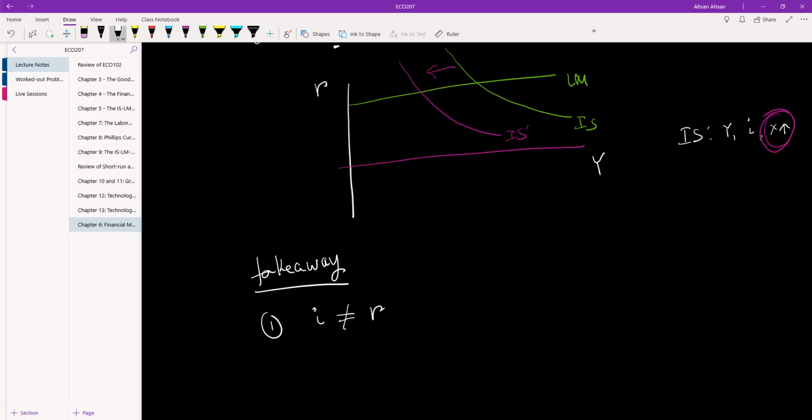We had not talked about inflation until chapter 8, and that's why after chapter 5, I skipped chapter 6 and then did chapters 7, 8, 9, 10, because we had not talked about inflation.